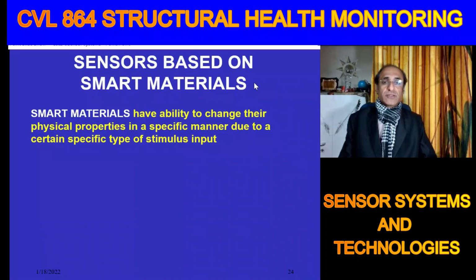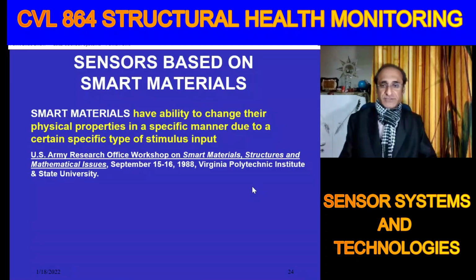These smart materials are specific materials which have the ability to change their physical properties in a specific manner when there is a certain specific type of stimulus. You must have read in biology, for example, that living beings show stimulus response. Any stimulus is applied, then we show response. These materials also exhibit a similar kind of stimulus response characteristics.